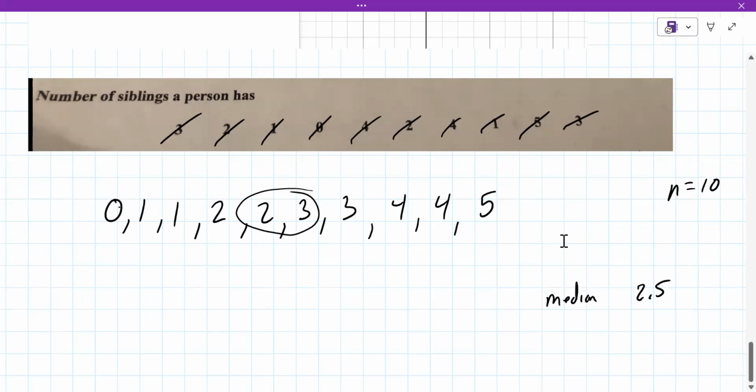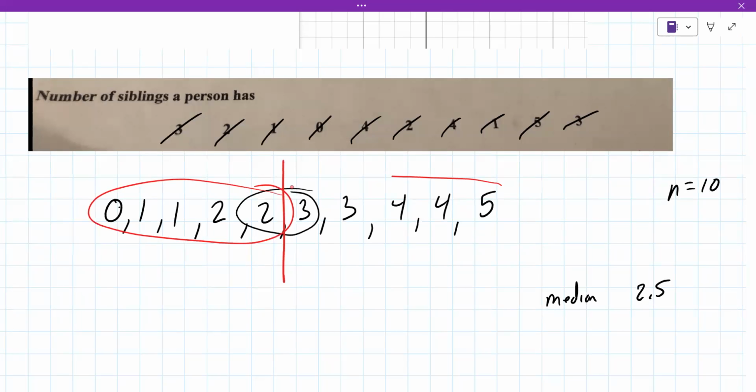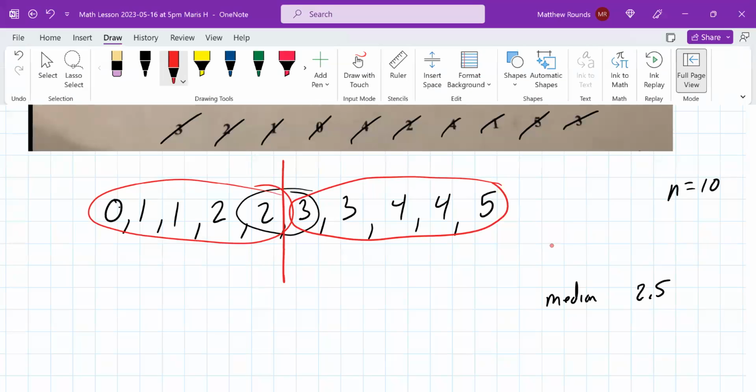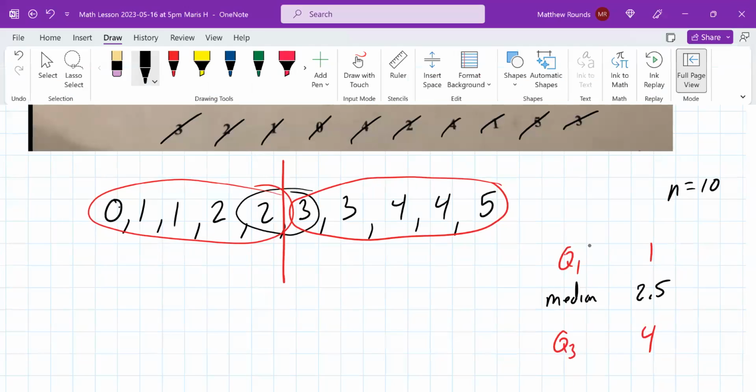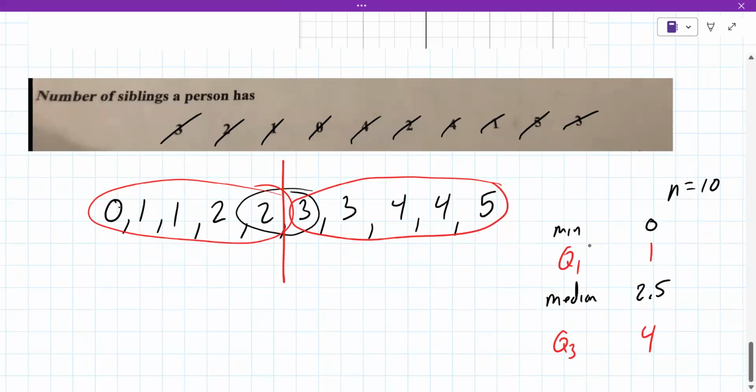Because it's an even number of numbers, you actually split the data right in half, and you look at the left half and the right half to find quartile 1 and quartile 3. You're finding the median of each of those. What would that be in this case? What's the middle number? 1 and 4. The last is the min. The min is 0. The max is 5.